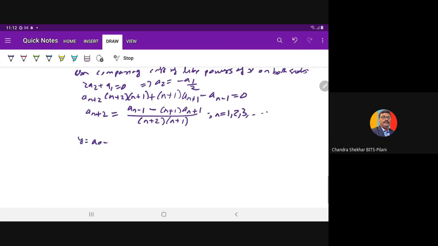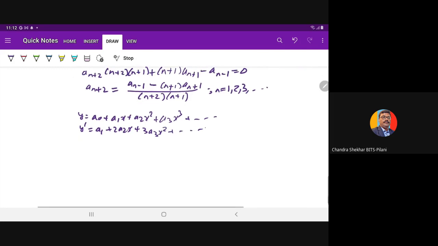It is a0 plus a1x plus a2x square plus a3x cube and so on. And y dash is what? It is a1 plus 2a2x plus 3a3x square and so on.